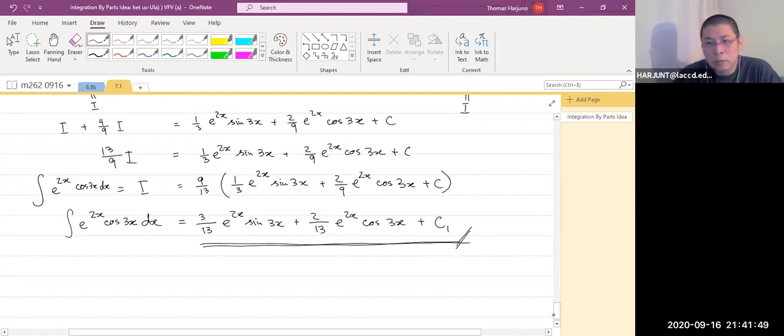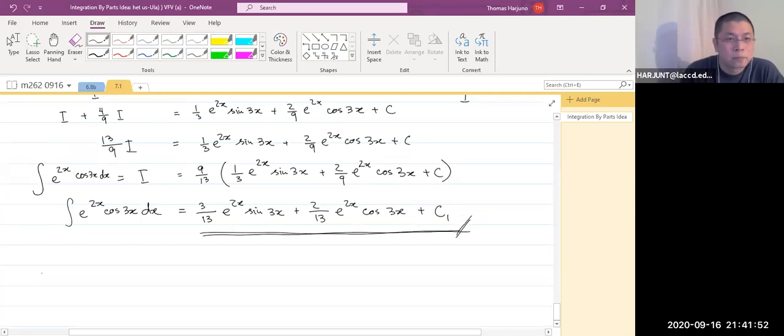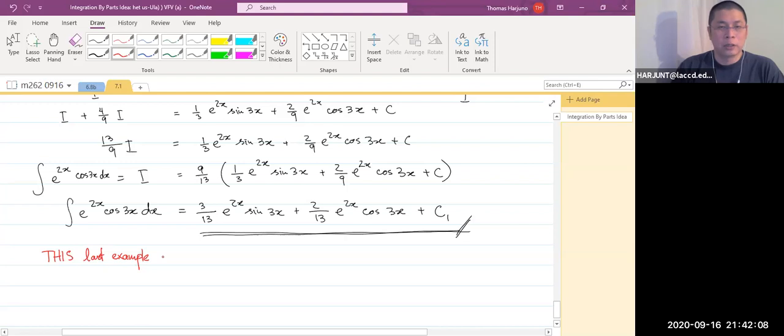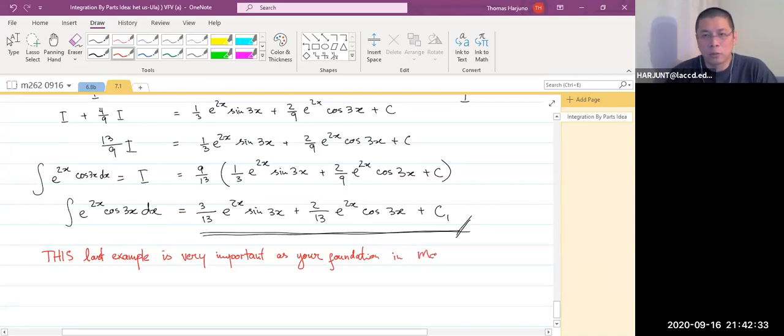Let's say, for example, I do number 36. What I showed you here, this last example, not exactly this example, is very important as your foundation in differential equation class, math 275.